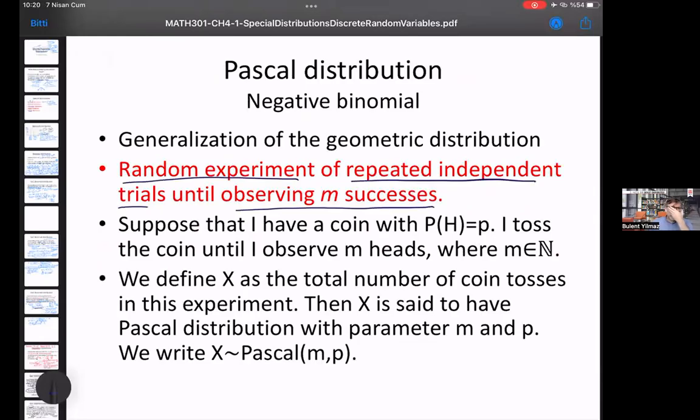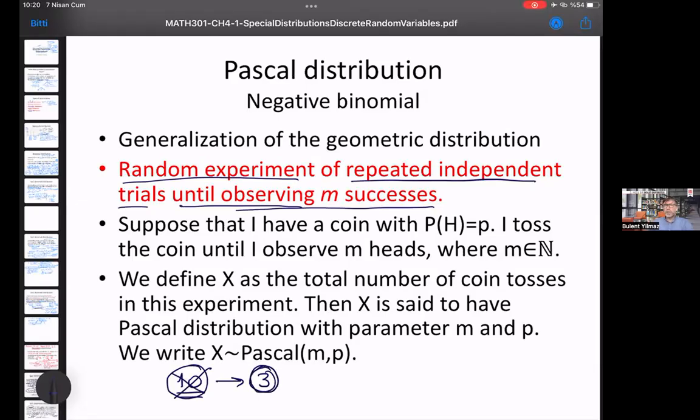For example, I have flips of a coin, and I'm going to be after 3 heads. I'm not doing 10 flips. I am flipping a coin until I see 3 heads.